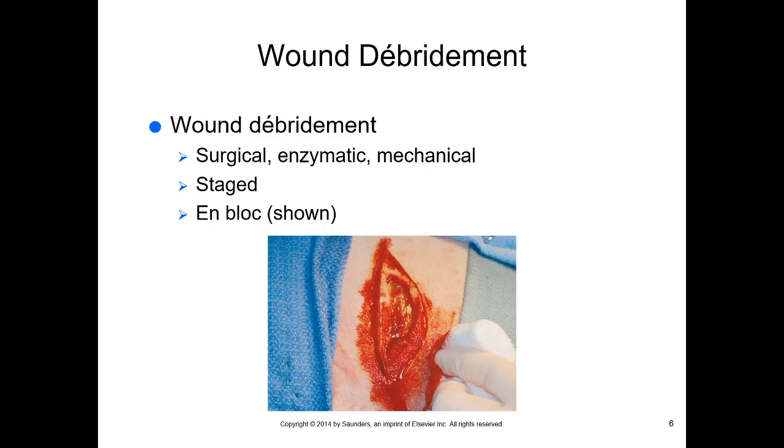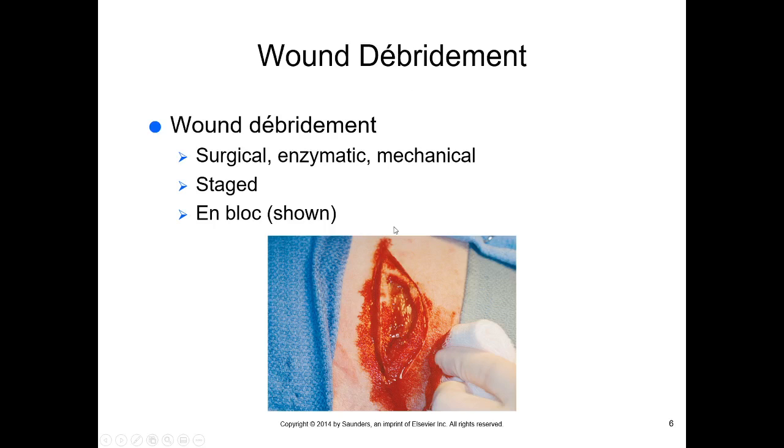It can be staged, and I'll show you that in a minute. So we can clean the wound first, or use enzymatic cleaners first, and then in a couple days, as the wound starts to come together a little bit, we might do a surgical procedure.